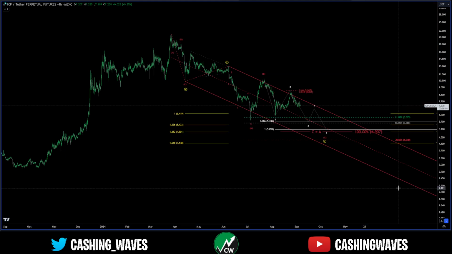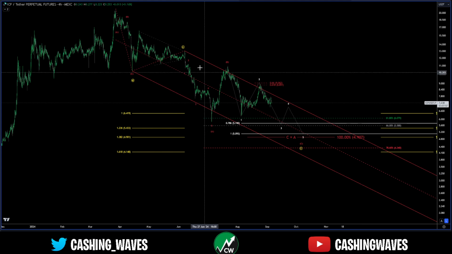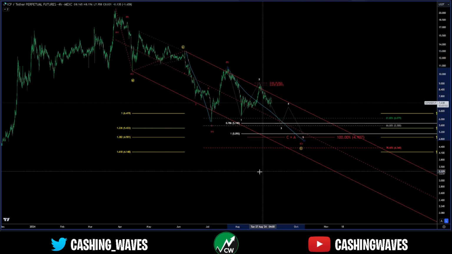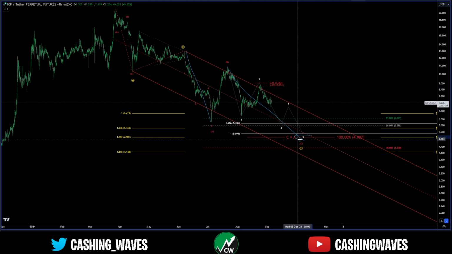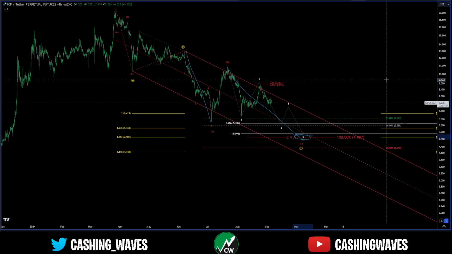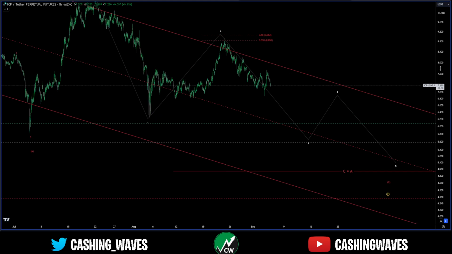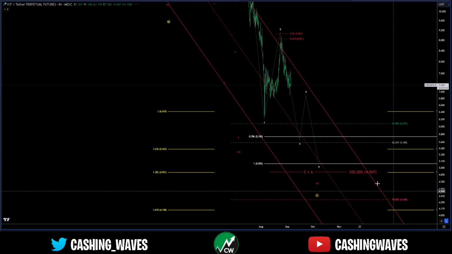So, as of right now, anticipating wave C equaling wave A, the second ABC, that should be around 490. That's the 1-to-1 extension. Our third wave in white, let me go down a level here.